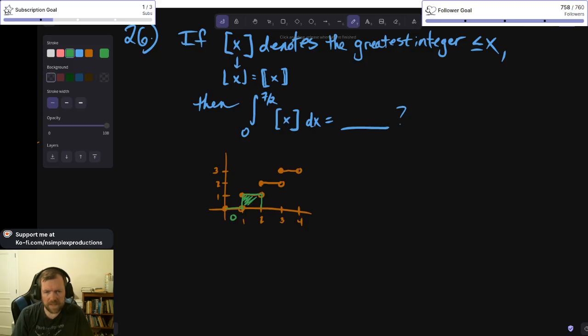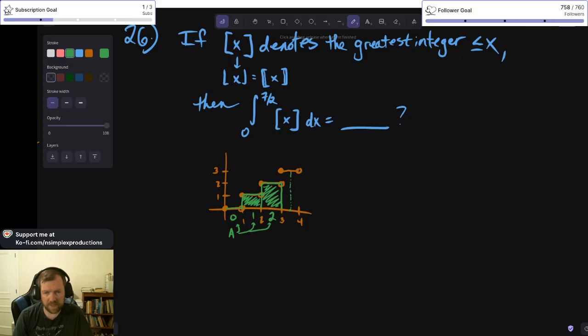Okay, this is a 1 by 1 square, so that's going to be 1. Going up to 2, coming across, this is a 2 by 1 rectangle. So that's going to have an area of 2. Okay, and then going up to 7 halves is 3.5.